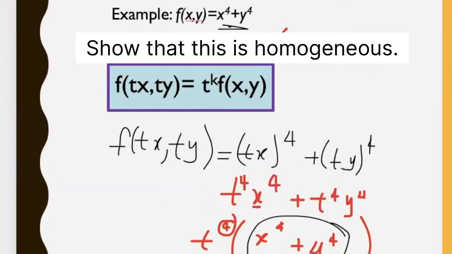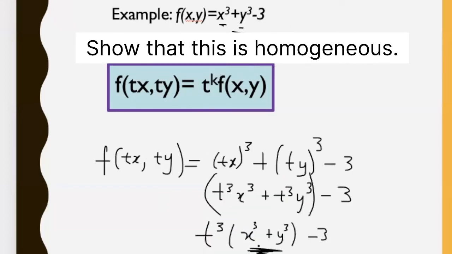That's what it's saying. When I factor out t raised to the power, I should be seeing the original function. In this case, that's not the case because I factor out t cubed, and what you're seeing left is x cubed and y cubed. The minus 3 is on the outside, so that is why we will say it's non-homogeneous. So in this case, this is a non-homogeneous function.